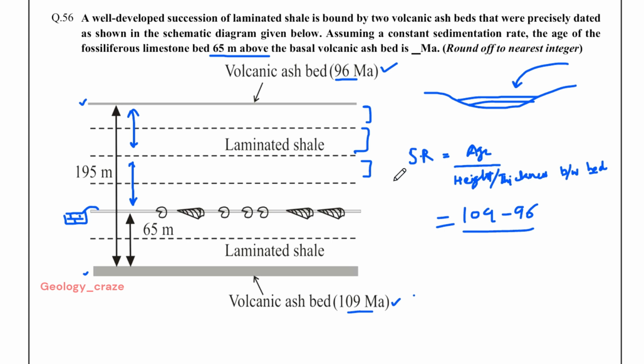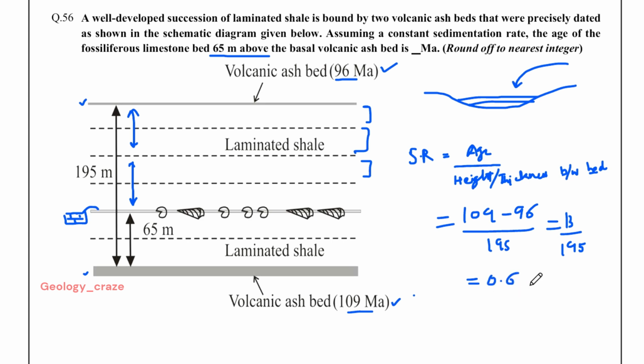We are calculating the sedimentation rate. You subtract this, we get 13 by 195. After dividing 13 by this, we have a calculator in the exam, so we can calculate from there.